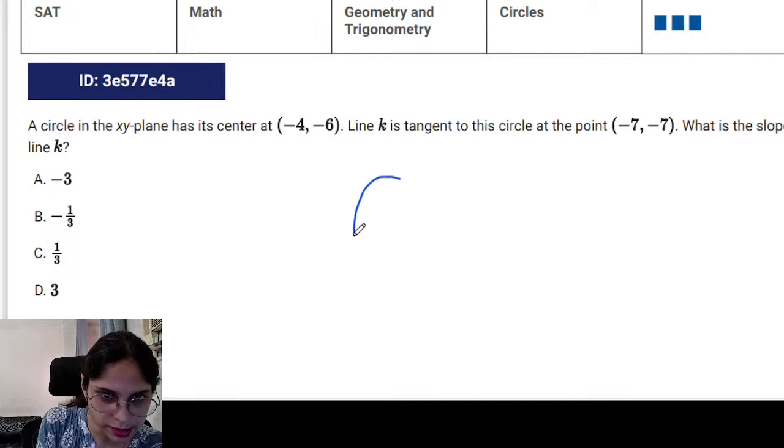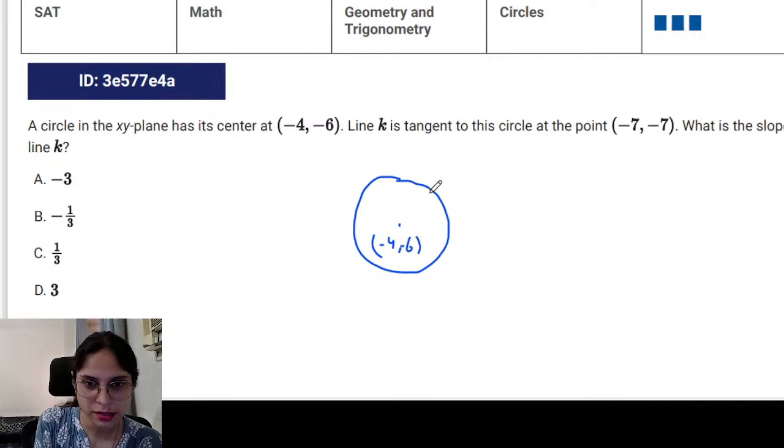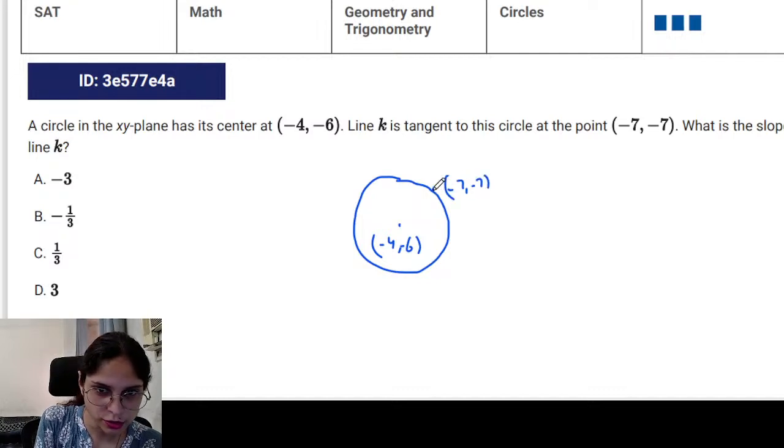Let's say this is your circle. This is the center, (-4, -6), and there's some point on the circle, (-7, -7), and line K is a tangent. So you're drawing a tangent and you want to find its slope.